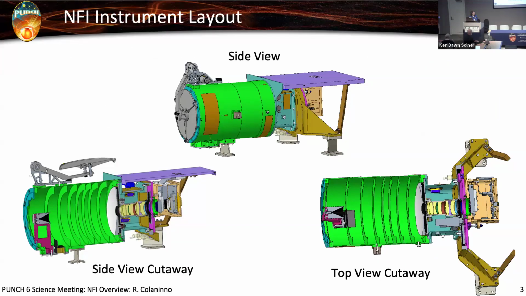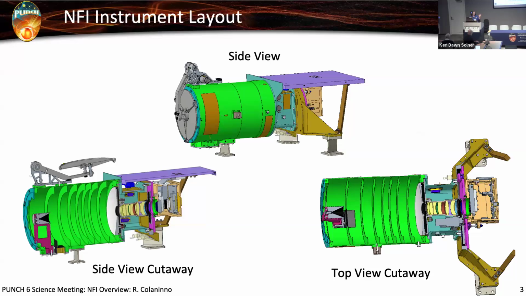So here's the instrument layout in a couple different views. At the top, you can see the exterior view. There's also the beautiful model outside in the lobby to see the exterior. Then the instrument itself, you can see in the side cutaway view, has three main components.